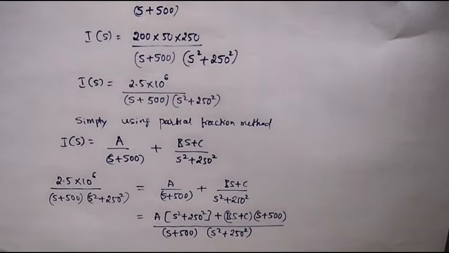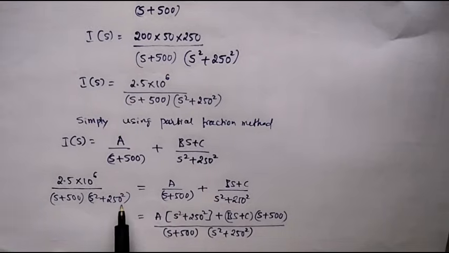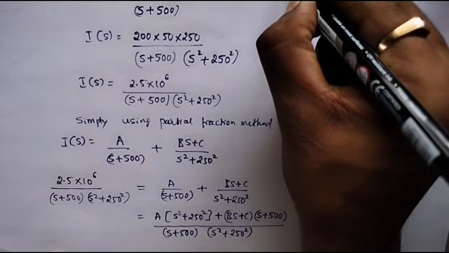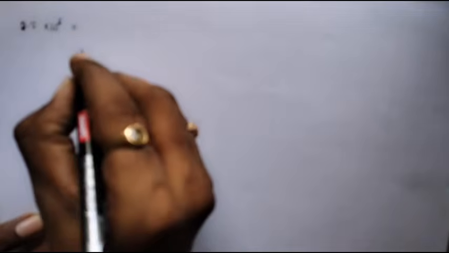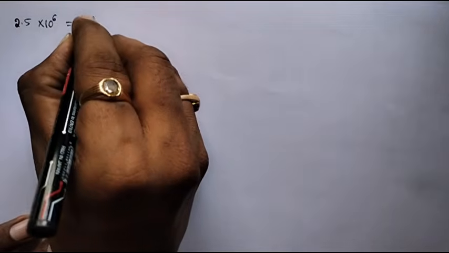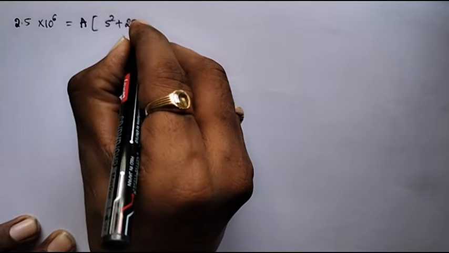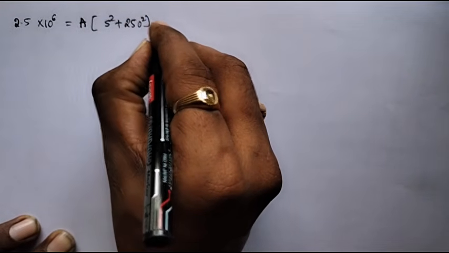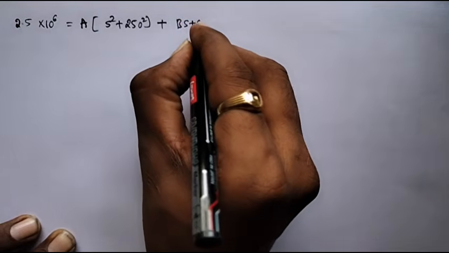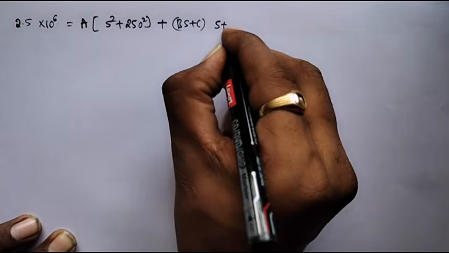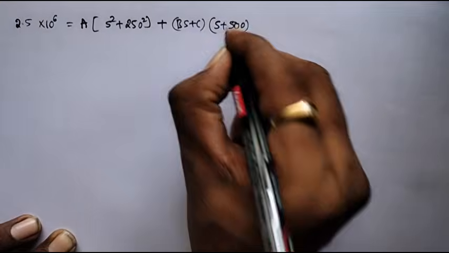Now comparing the LHS part with RHS, the denominator will get cancelled. We'll get 2.5 into 10 power 6 is equal to A in bracket s square plus 250 square plus Bs plus C times s plus 500.